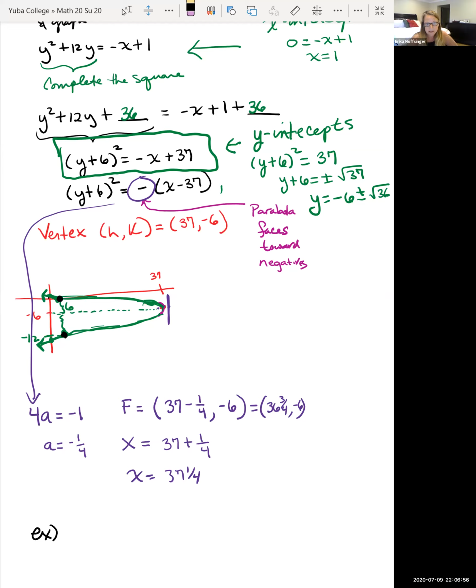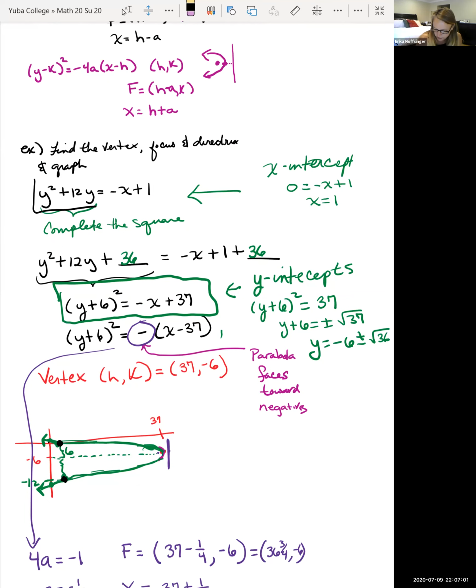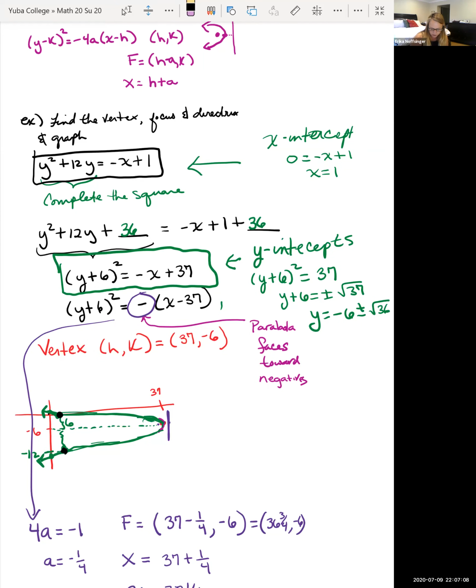I found the x-intercept. I went back and let my original equation, I let y equal 0. Oh, okay. And then I know about symmetry that it's going to have to be the equal distance from the axis of symmetry, where the parabola would be symmetrical. So if I go down 6 to get to this axis of symmetry, I'd go down another 6. That would give me -12, and my x value is the same one.